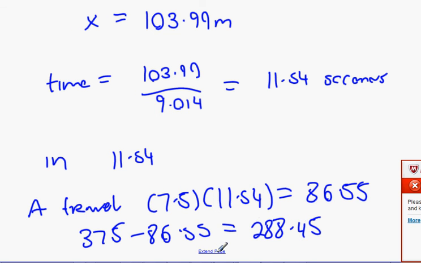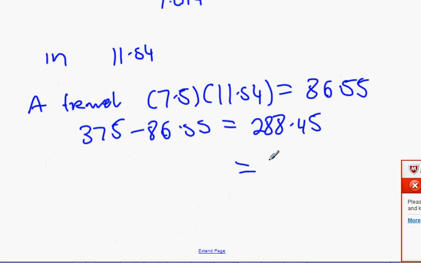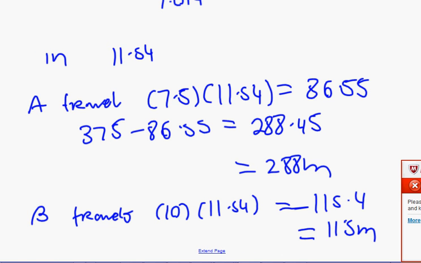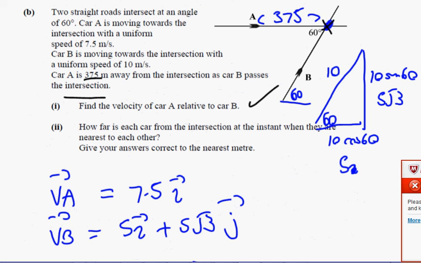It wants it to the nearest meter, which gives 288 meters. And what about car B? B travels 10 by 11.54, which is 115.4, rounds down to 115 meters. And the thing about that is, it started at the junction, so we don't need to do anything else with it.